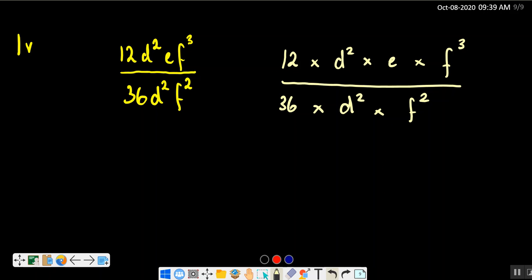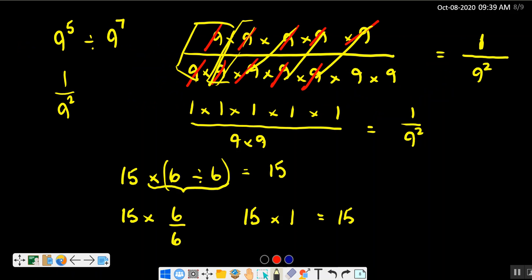However, these are all divisions. Do you remember, if I take you back to this slide, how I said we can split all these up? So 9 divided by 9 is actually 1, and 9 divided by 9 is 1. So we broke them up.